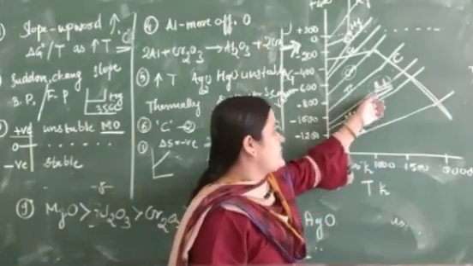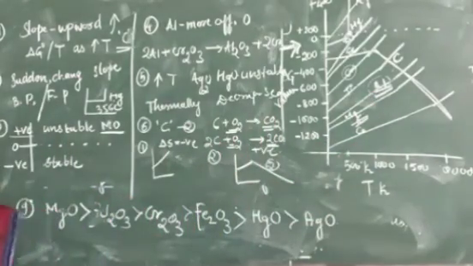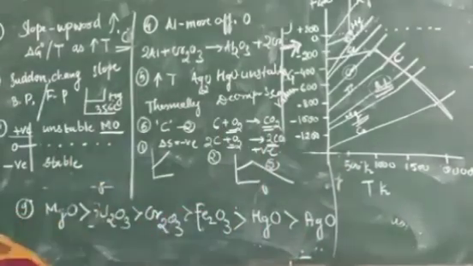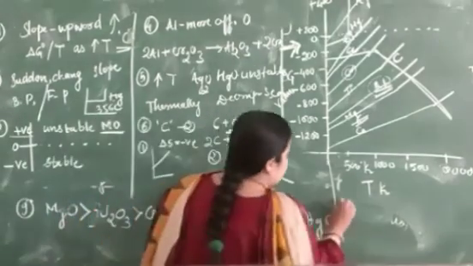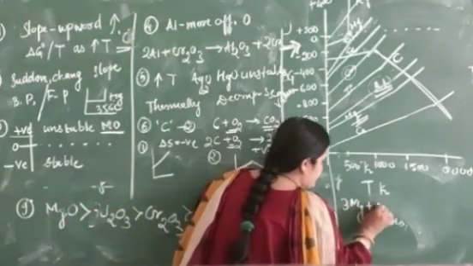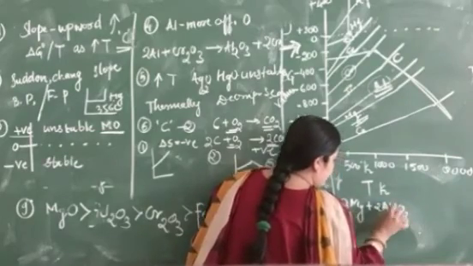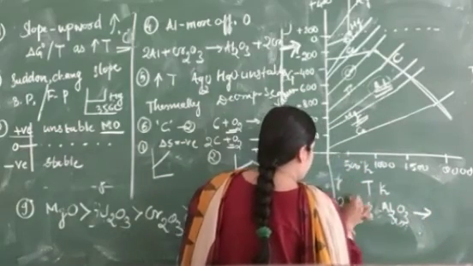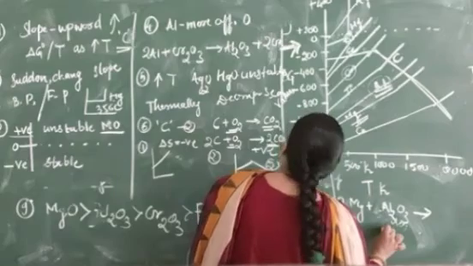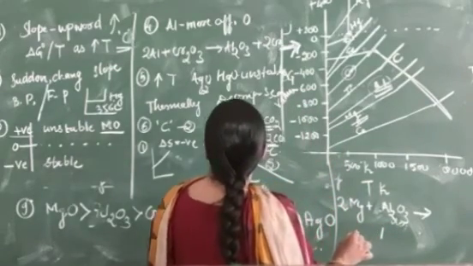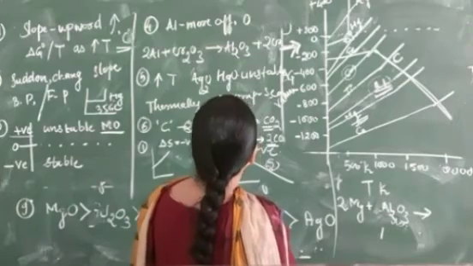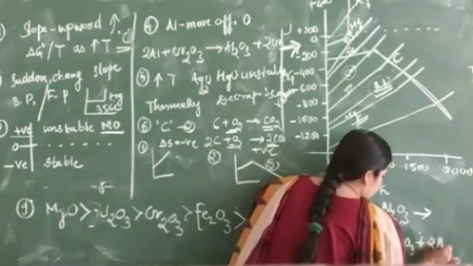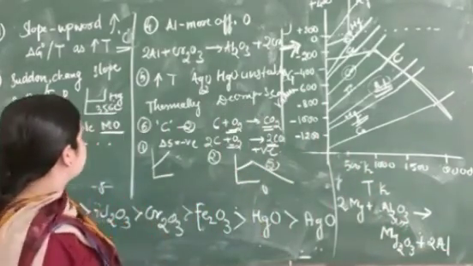Or you can take the example of Mg and Al. Write the reaction here: 2Mg plus Al2O3 forms Mg2O3 plus 2Al. This is the seventh one.